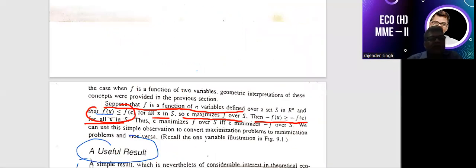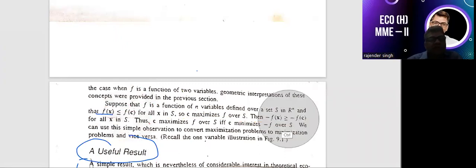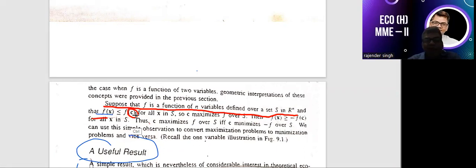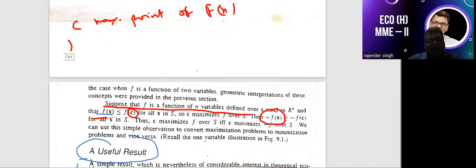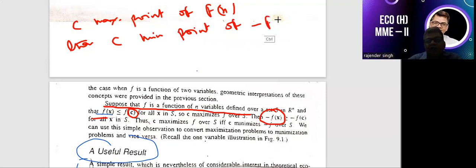So this is what is written here, right? You can read it again. What is written? Suppose that f is a function of n variables defined over a set S in Rn, and that f of x is less than or equal to f of c. That means c is the maximum point of the function f of x. That means f of c is the maximum value of the given function, right? Then c becomes the minimum point of the function minus f of x, right? It means if c is the maximum point of f of x, then c becomes the minimum point of minus f of x function.